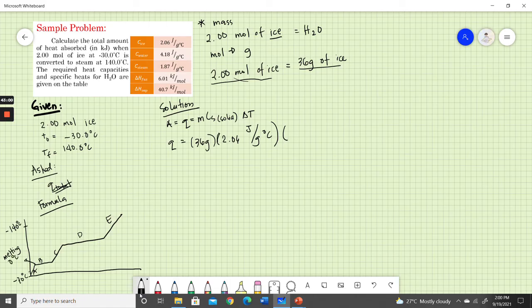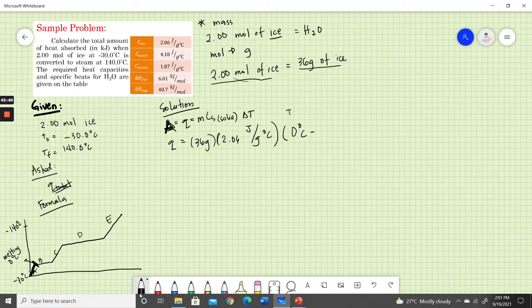So the initial temperature is negative 30 degrees, and the final temperature is 0 degrees Celsius, because we're only talking about A here. Our temperature is only until here, not the full E yet. We go from this line to this line only. This is A.